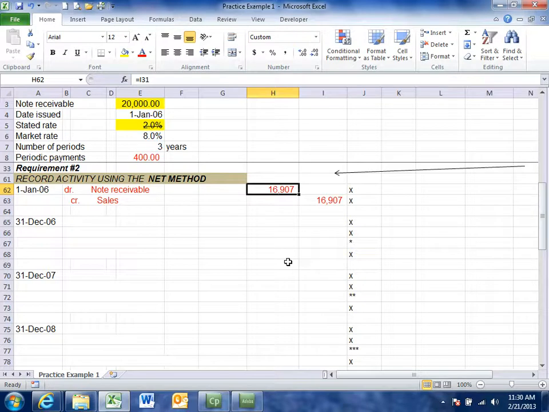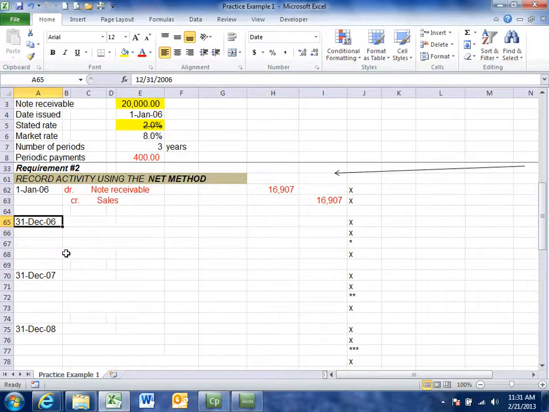So over the course of 2006, 2007, and 2008, we're going to bring the net book value of that note from $16,907 all the way up to $20,000. So that by the time the note matures, all we have to do is record a debit to cash and a credit to note for $20,000, and we're done. Let's see how this plays out. In the initial entry, the note is set up at the discounted rate, and the sales are recorded at the present value.